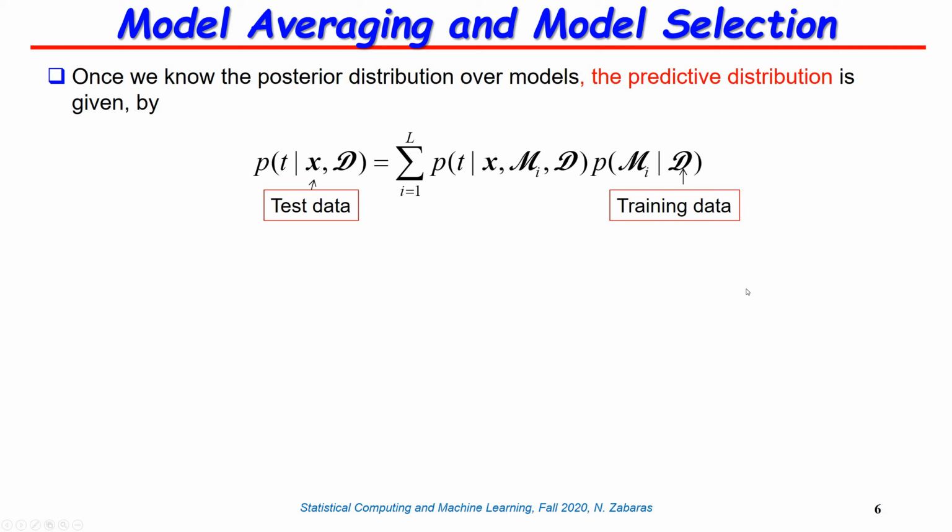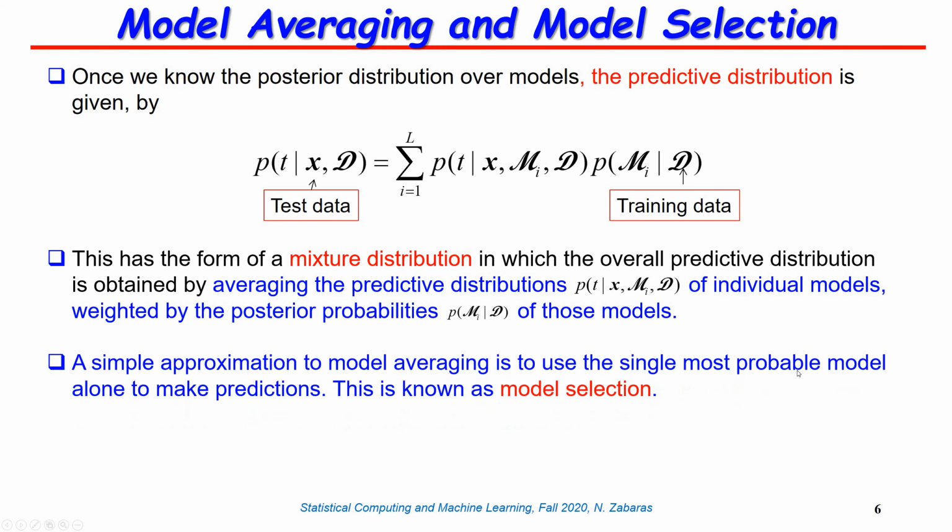Now, in principle, nobody wants to do model averaging because there's a lot of computational effort. So actually what you can do is select the model that has the maximum posterior probability, and then for that model use the predictive distribution that you see here. So you're going to use basically a point estimate for the predictive distribution for the best model.